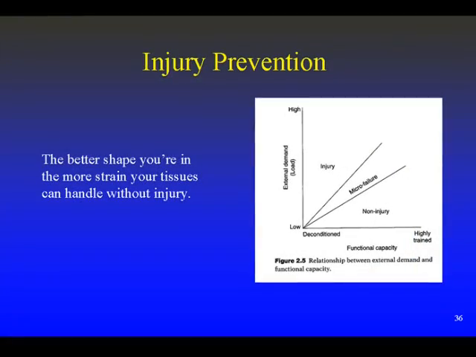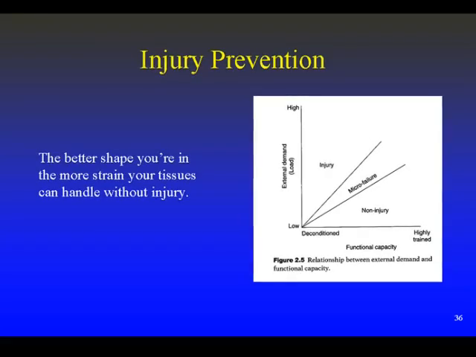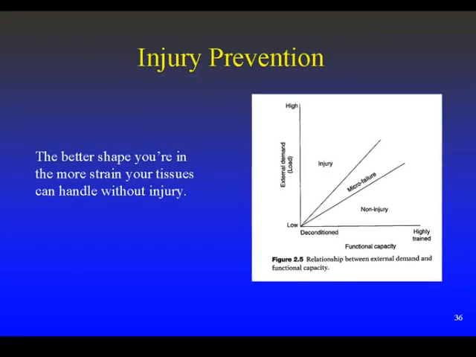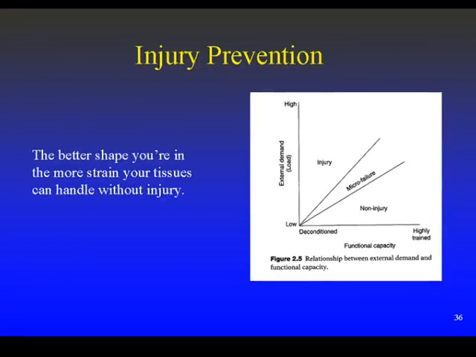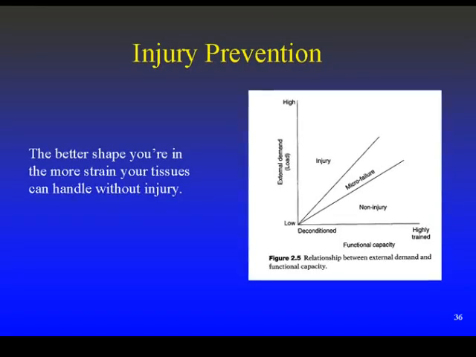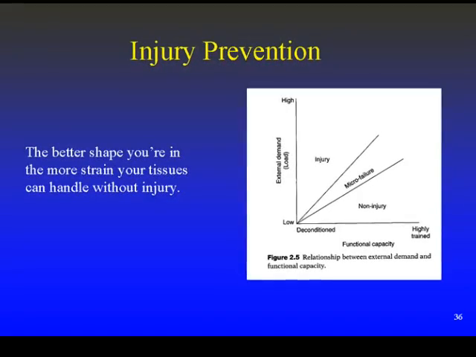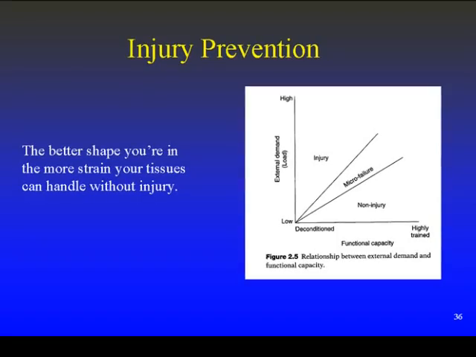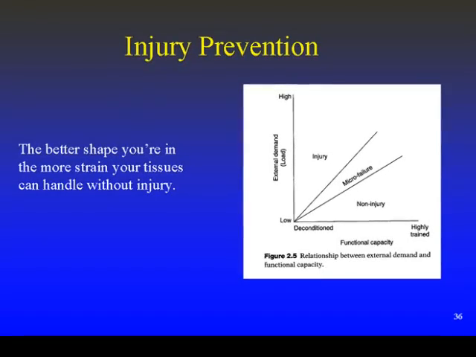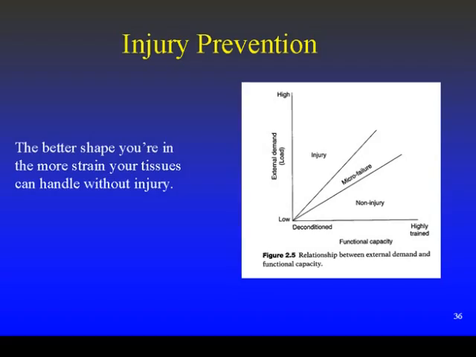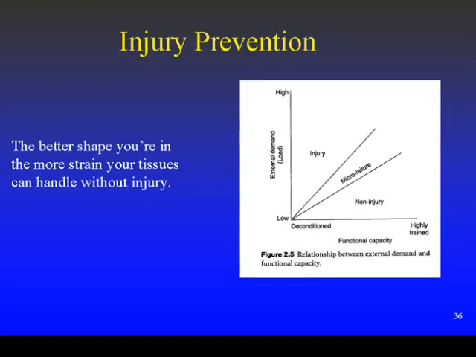Sometimes things can go without mentioning them, but I want to mention here that the better physical shape one is in, the more strain the tissues can take, and it puts us at a lower risk of injury. The more deconditioned or out of shape one is, the more risk of tissue failure and problems.